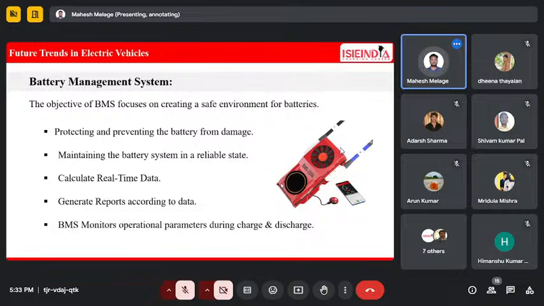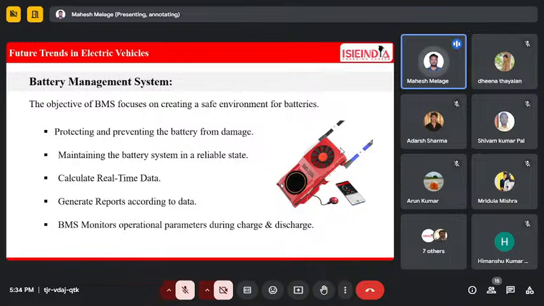Next is the real-time data calculations. We discuss the SOC, state of charge, and it indicates the real-time data: how much charge is available, what the battery temperature is, what the battery voltage is, what the ampere rating is. All this real-time data can be calculated and displayed on a dashboard also.